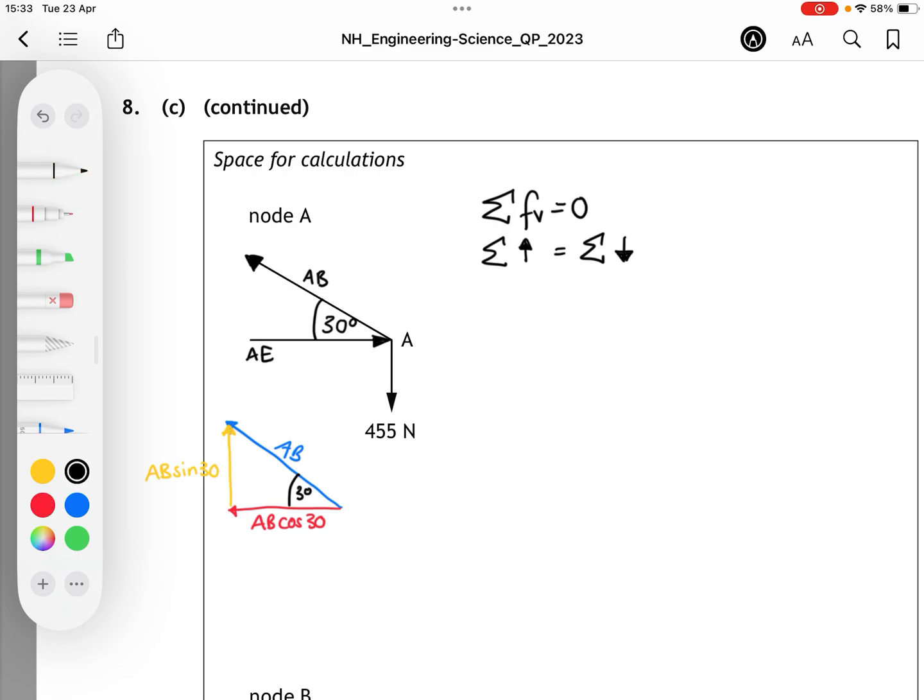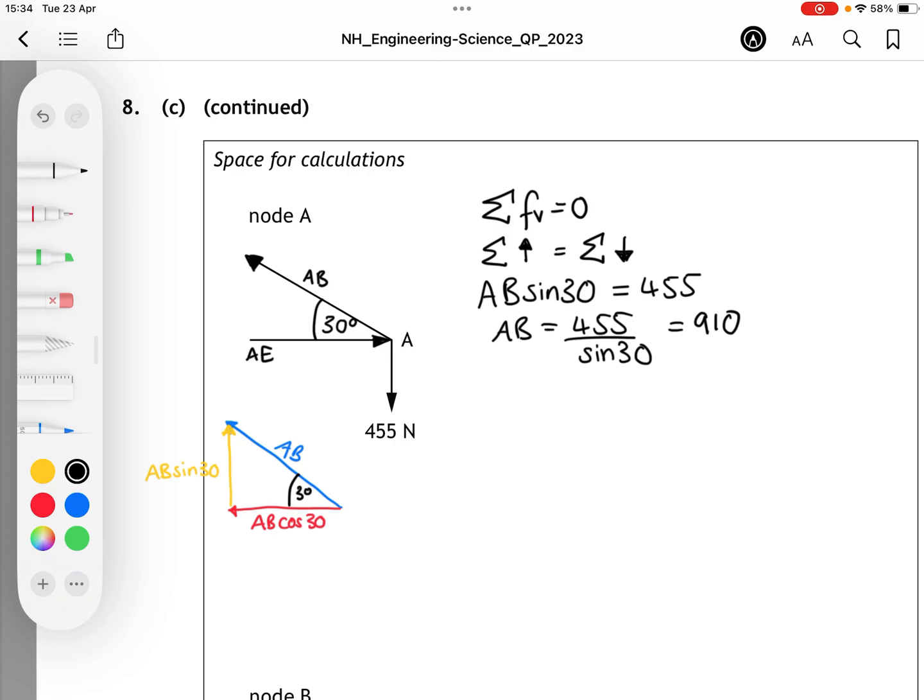So the vertical component of AB is AB sine 30, and that has to be equal to whatever the forces are that are going down, so that's 455. So now I can say that AB is equal to 455 divided by sine 30. Sine 30 is a half, so that gives us 910.